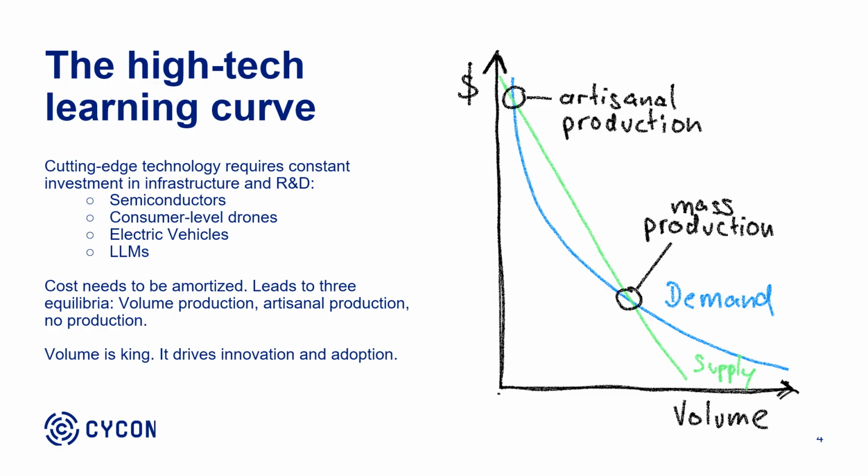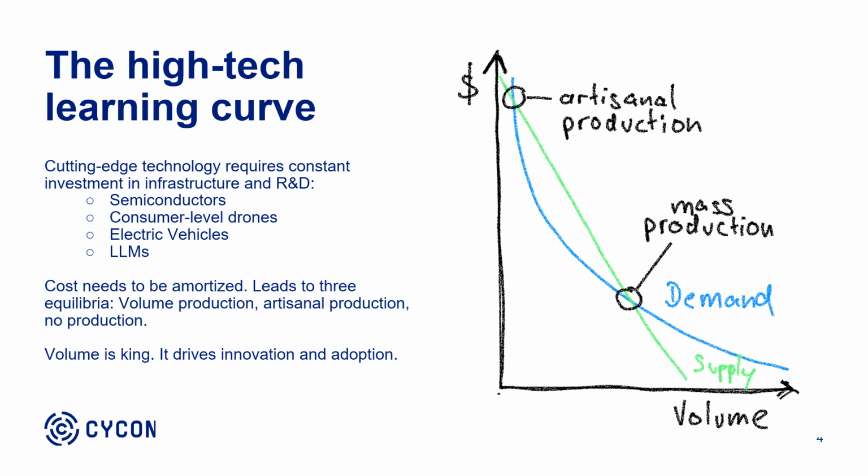And this massive investment needs to be amortized over the number of items that you produce, which leads to a situation where most countries are incapable of producing any of them. And then sometimes you can obtain artisanal production where you have extremely high cost for a very small number of artisanal items that you can produce.